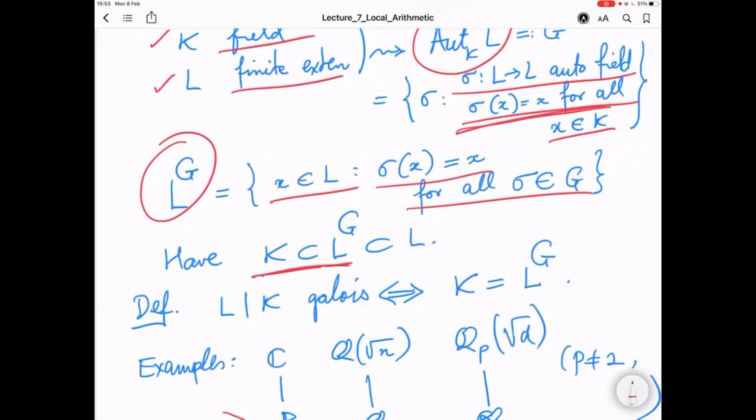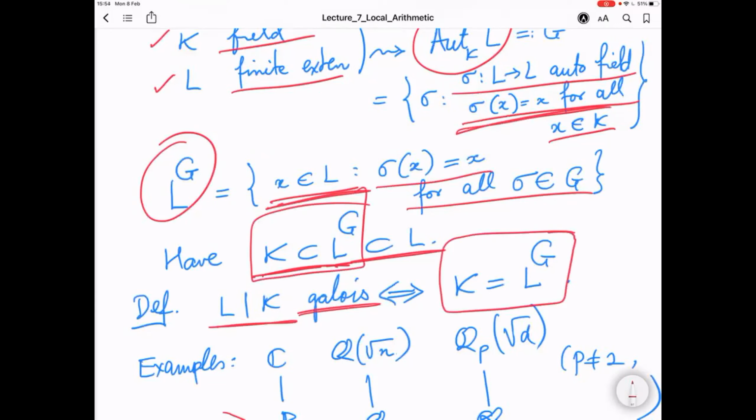And of course, it's a subset of L because it's the set of all X in L satisfying some condition. So I assume that you people are somewhat familiar with the definition of a Galois extension. If you're not, for today, the working definition is that L over K is going to be called Galois if this extension here is an equality.